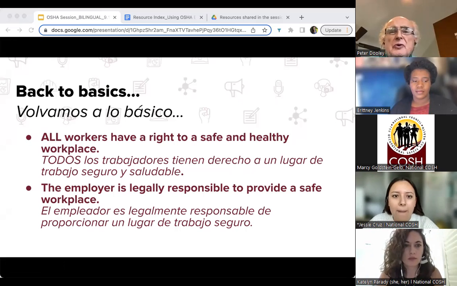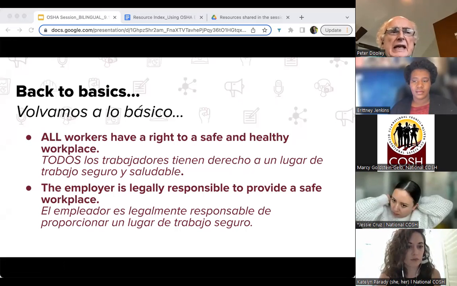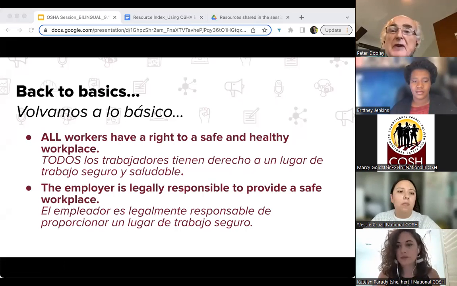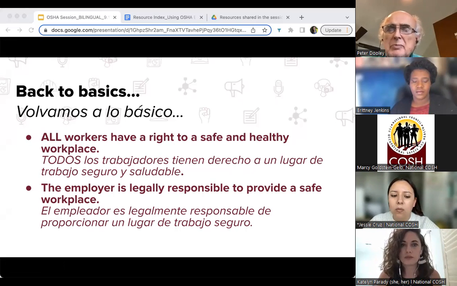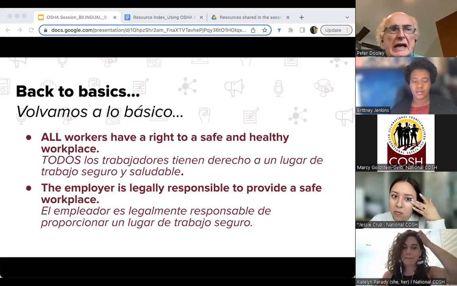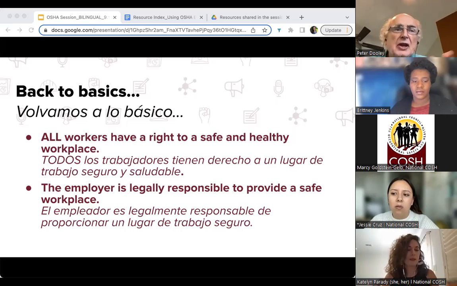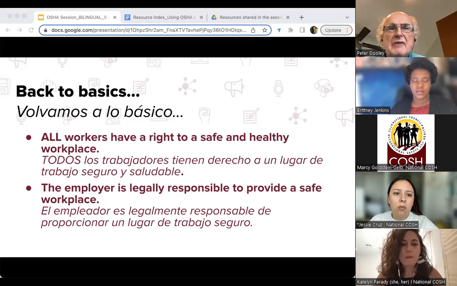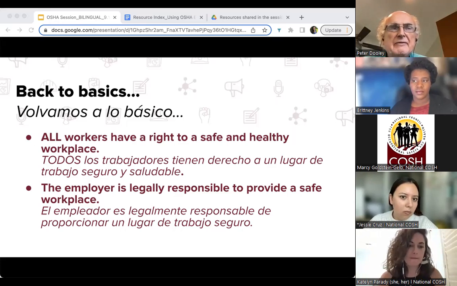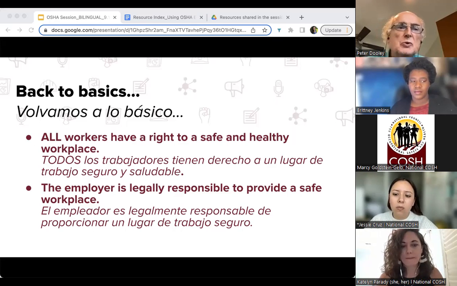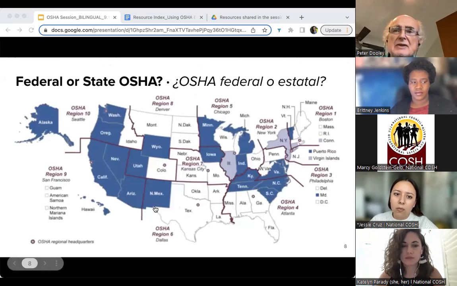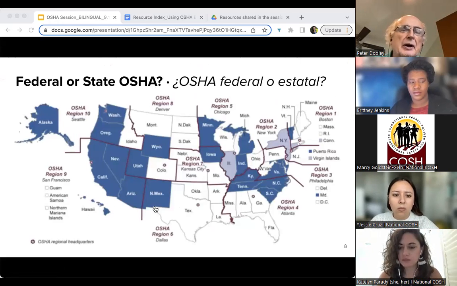So first of all, the first principle to know is that there's a federal OSHA that is empowered by the OSHA Act, but they enforce in about half the states, and the other half have state plans, where the states have opted to have their own OSHA plan enforced by the states, but they all have to be at least as effective as OSHA.